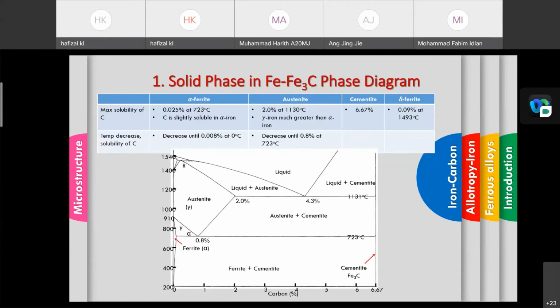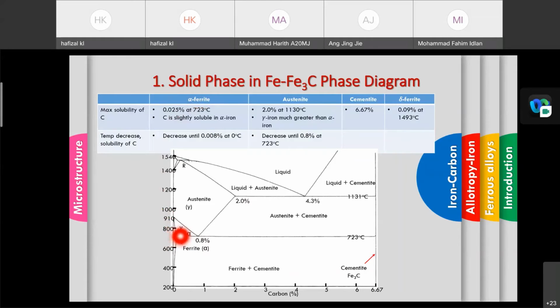Okay, so in the solid phase, the other information that we obtain is in terms of the composition, or the solubility at the maximum percent. If you can see at the alpha ferrite here, the alpha ferrite region is mainly in this area, whereby the maximum percentage of carbon is somewhere around here.